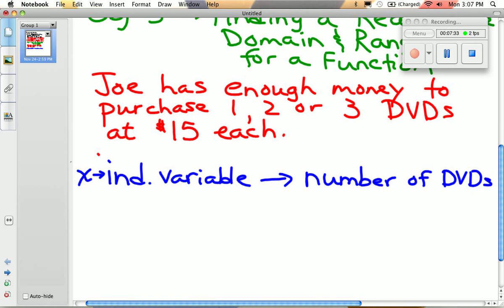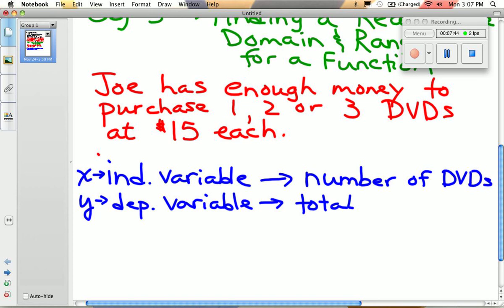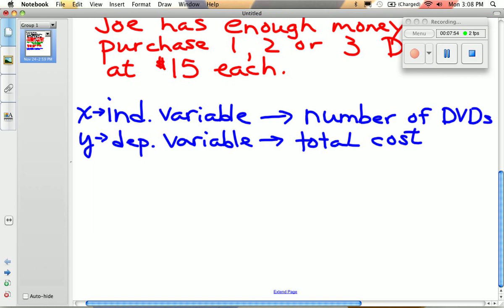And y, our dependent variable, that'd be the total cost. Yeah, that'd be our total cost, wouldn't it? How much it's going to cost altogether. So again, we're just going to write a function that represents this situation, and then from there, we're going to find a reasonable domain and range.